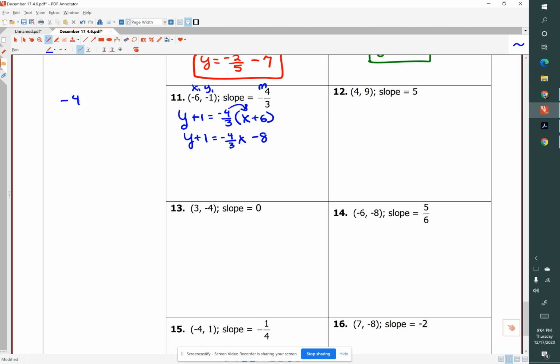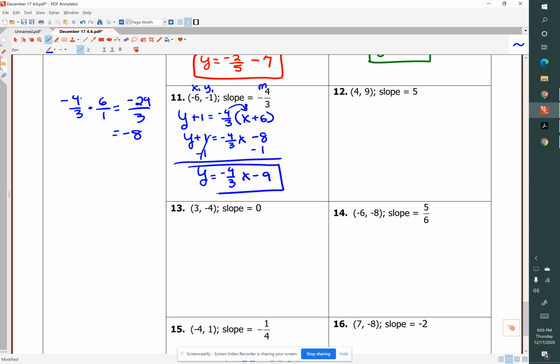So negative 4/3 times positive 6 equals negative 24/3, which equals negative 8. Now we'll subtract 1 from both sides, and we have y equals negative 4/3 x minus 9.